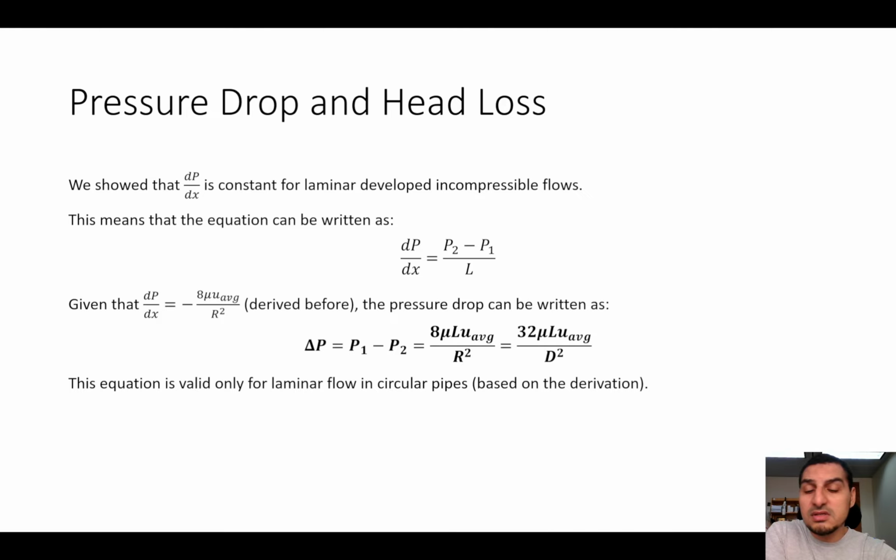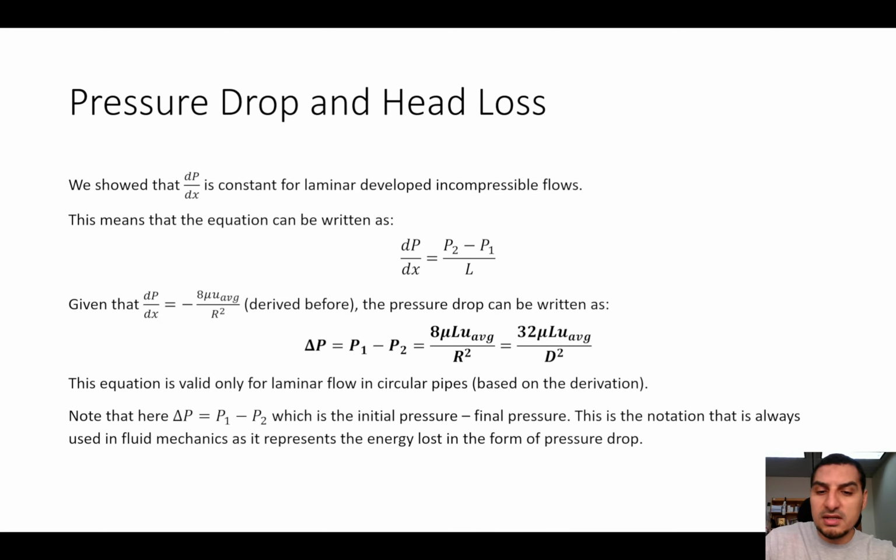We defined it this way, and this is how all the fluid mechanics textbooks and people who deal with fluid mechanics define it. It defines the amount of pressure that is lost due to the flow. So we don't put the losses as negative, we're going to put it as positive, and delta p will always be the initial pressure minus the final pressure. Okay, so from now on, this is how we are going to define this equation.